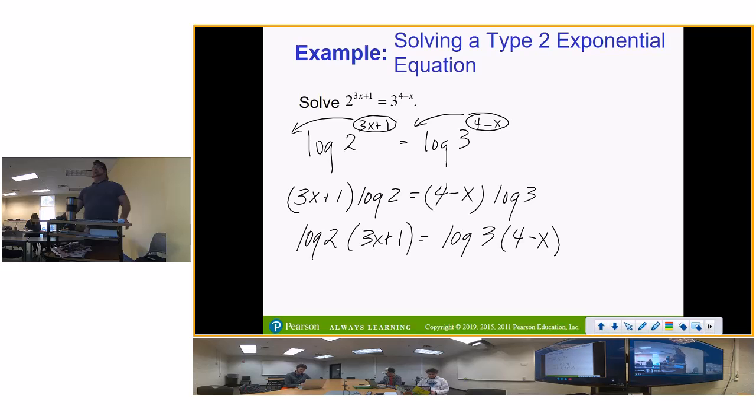Pre-algebra, algebra 1, algebra 2, what? Distribute. Oh, but that's logarithm. Well, what is the log of a number? A number. So what's the difference in log of 2 times 3x plus 1 than the pre-algebra 2 times 3x plus 1? There's no difference.